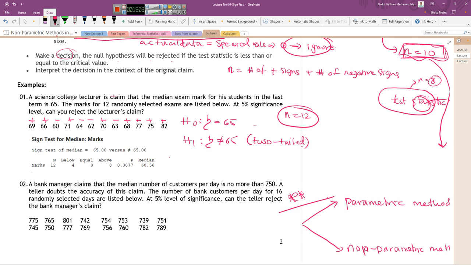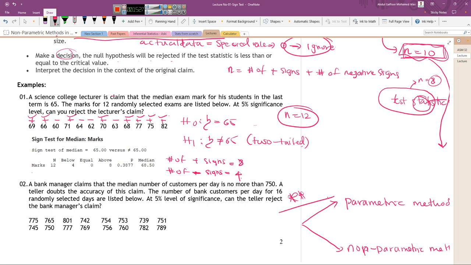Now we will count the number of positive signs and the number of negative signs. The number of positive signs is 1, 2, 3, 4, 5, 6, 7, 8, right? So 8, and the number of negative signs is 4, right?